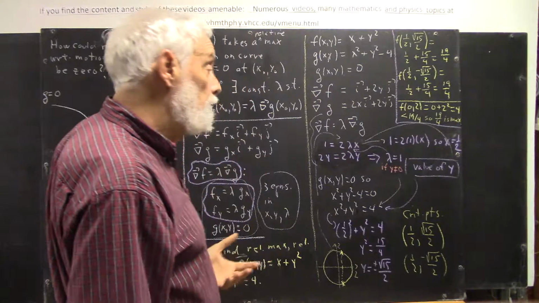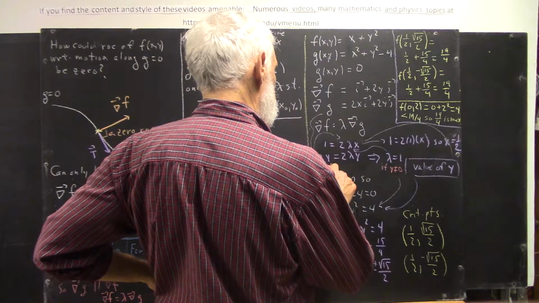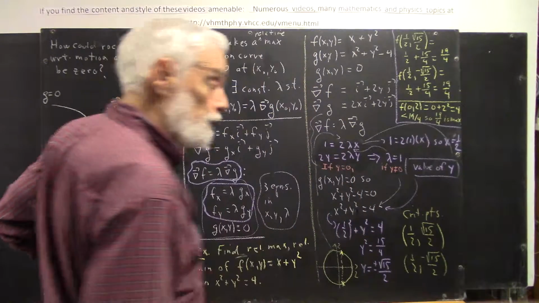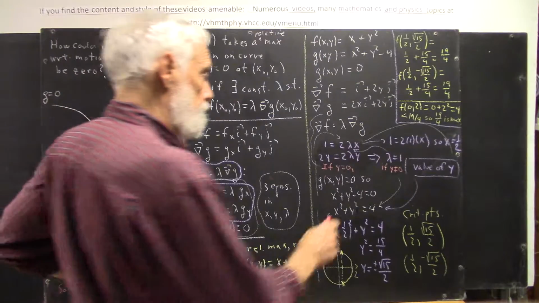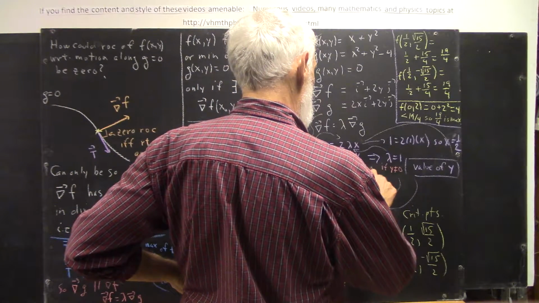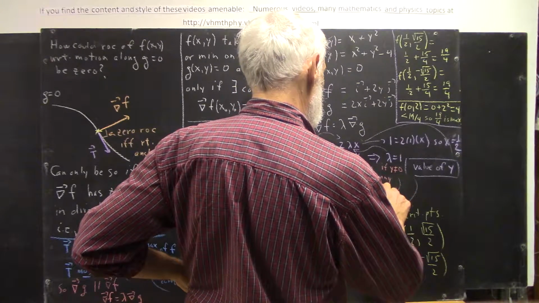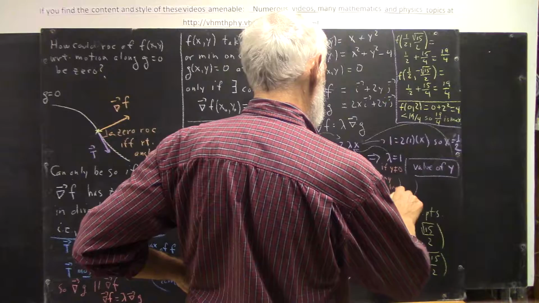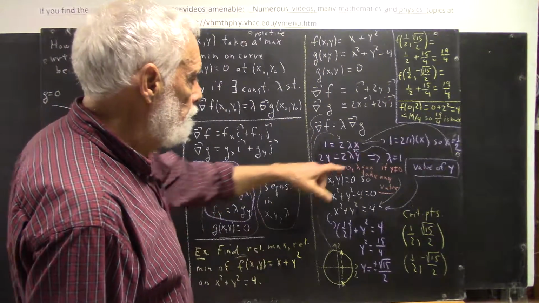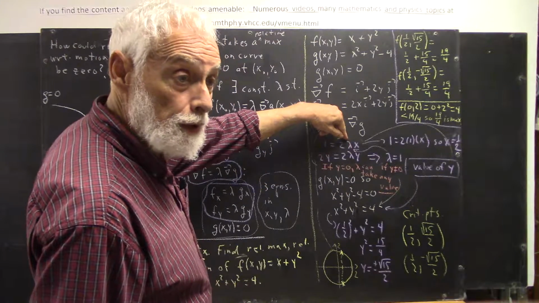So, if y equals 0, then lambda can take any value. And if lambda can take any value, well, that means x could take any value.